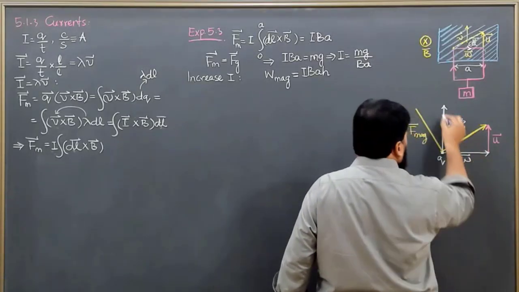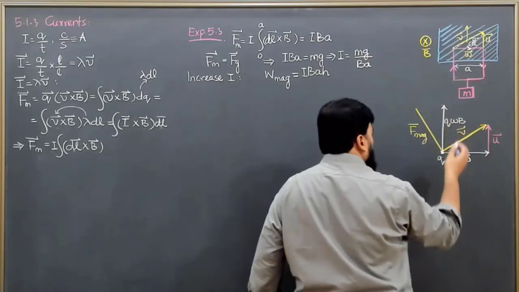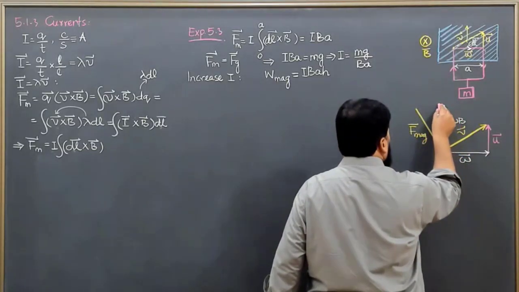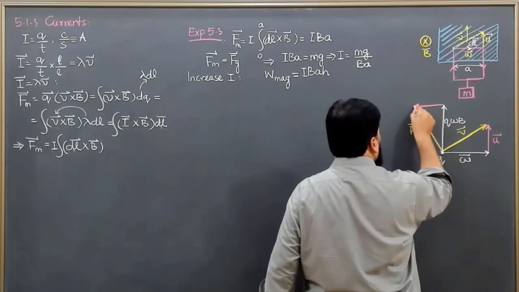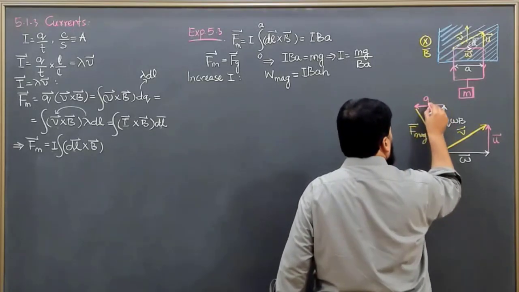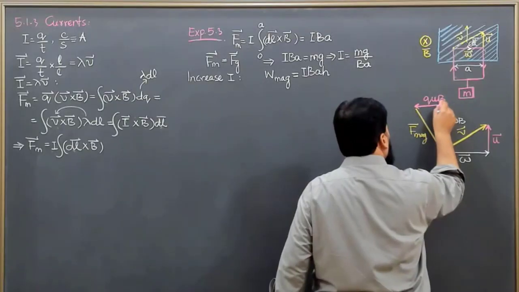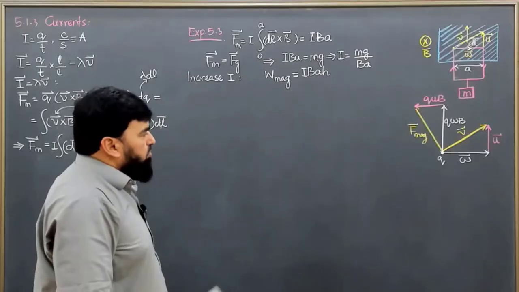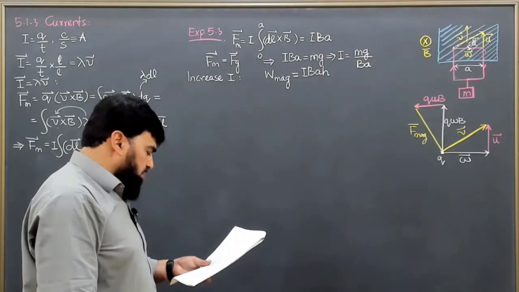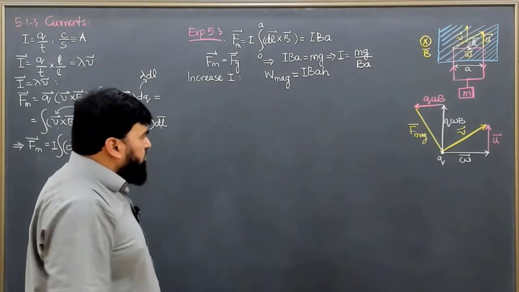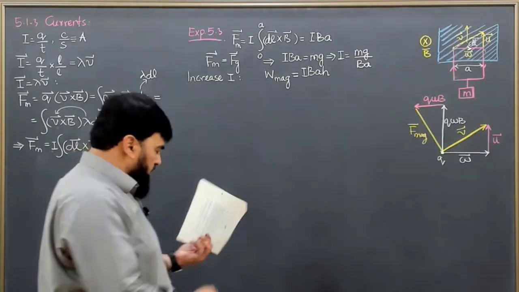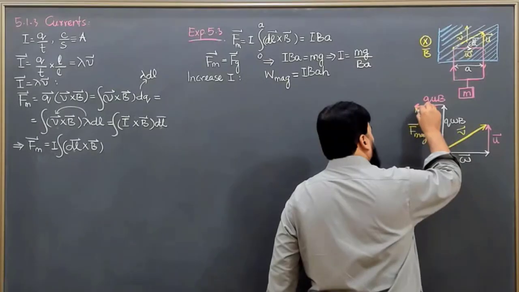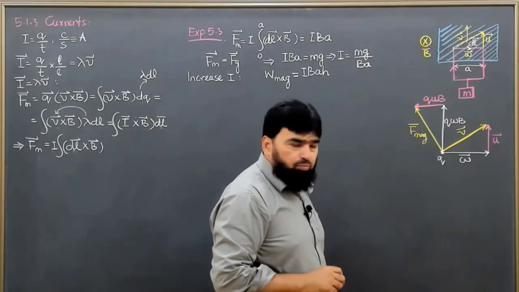So if I'm writing it here, this will be quB. This will be the force for that u component. Now if we look carefully, this is the net magnetic force here.